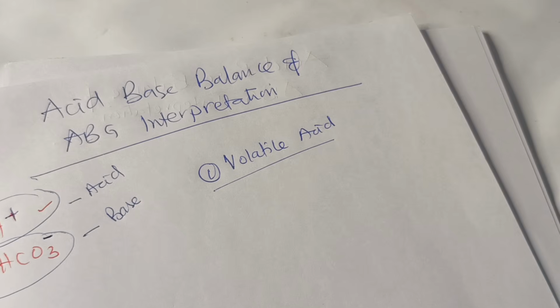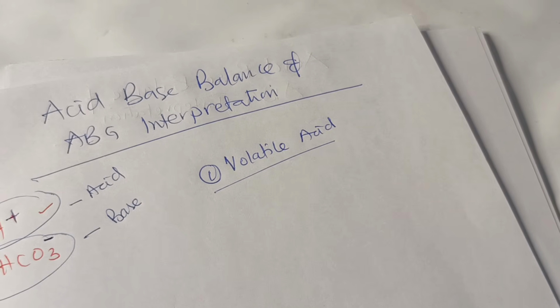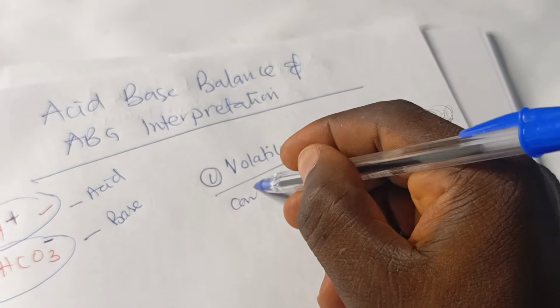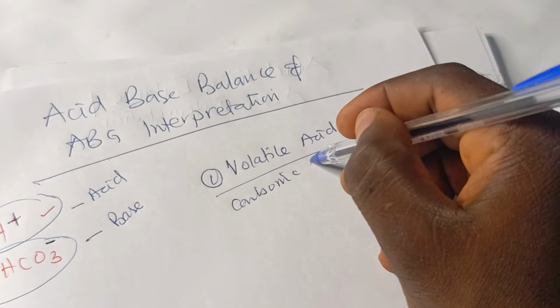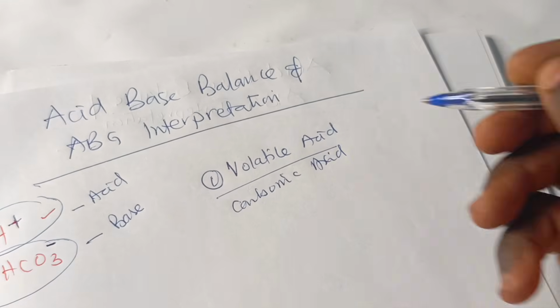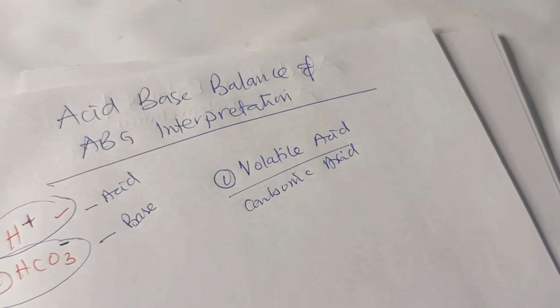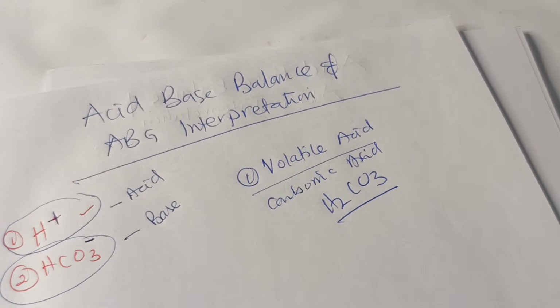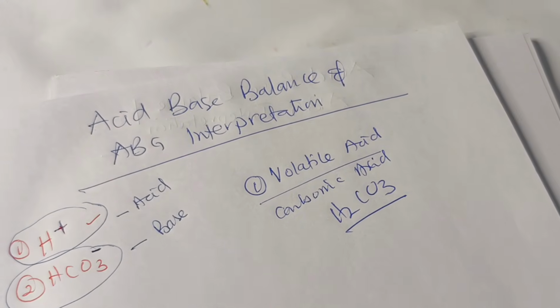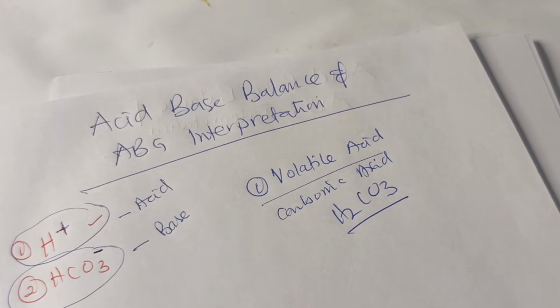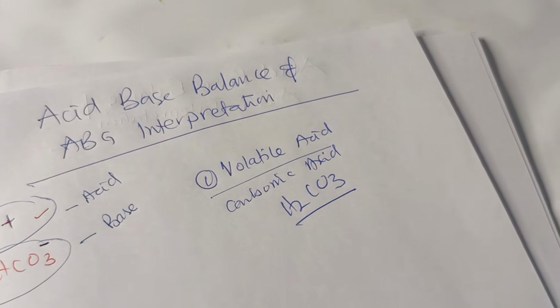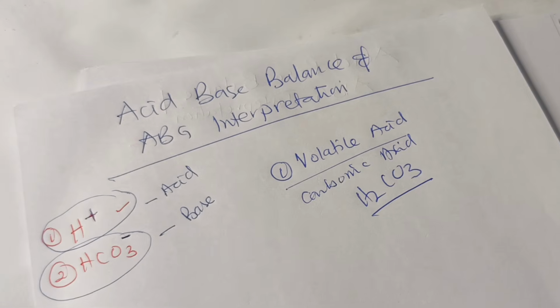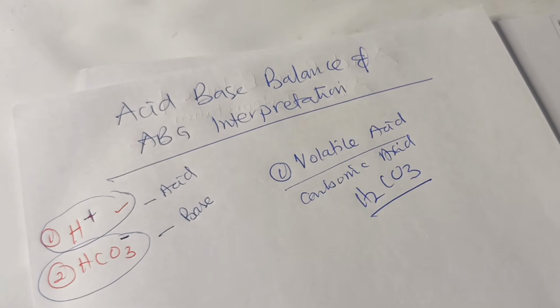The volatile acid in the body is called carbonic acid, and it is H2CO3. That is the chemical formula. The carbonic acid is the only volatile acid produced in the body.